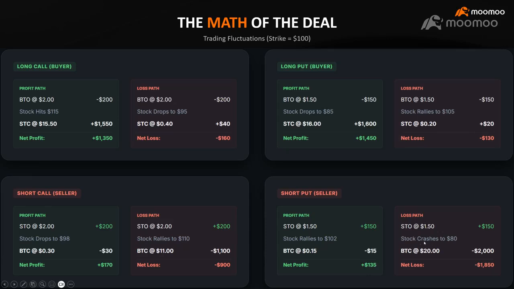If the stock price crashes, the put option price goes up, say to $20. I need to use a higher price to buy to close. I paid $2,000, minus the premium that I collected, so the loss is $1,850. Okay, clear?